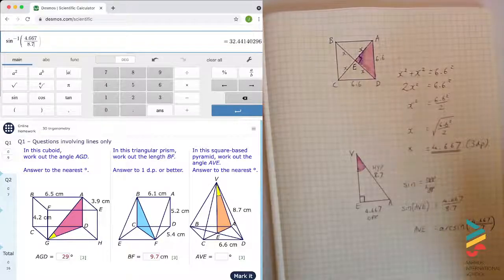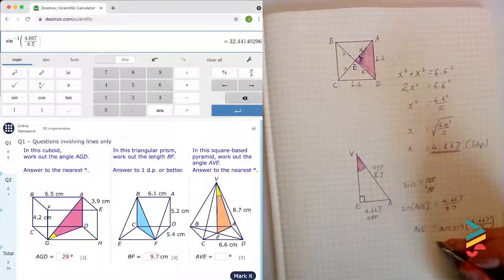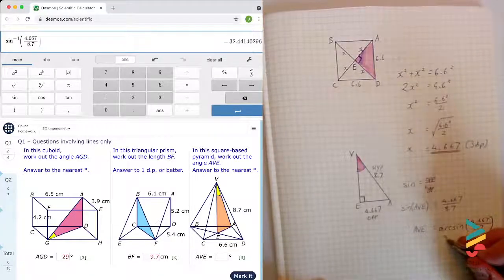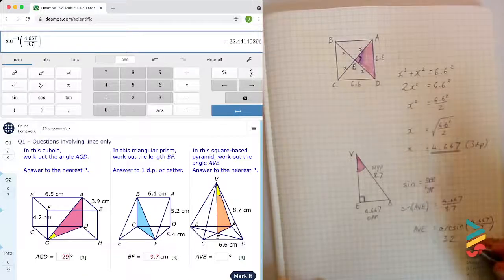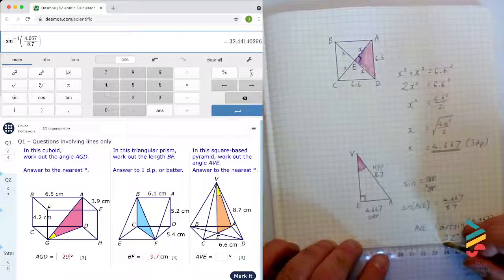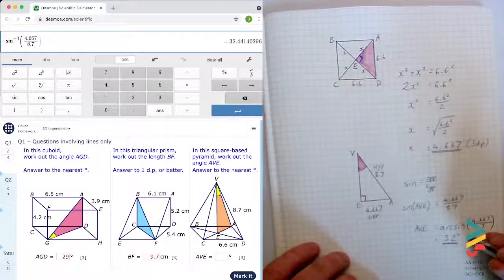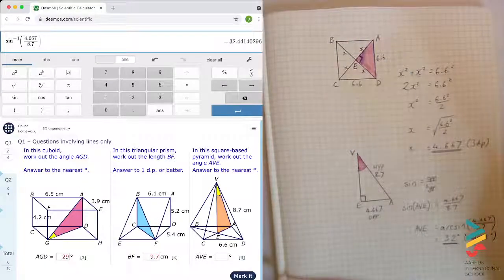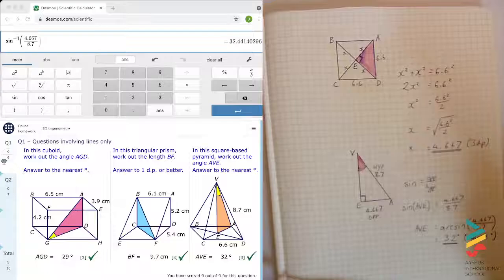Then it gives us 32.441 something, which to the nearest degree is 32, because we were asked in the question for this to the nearest degree. 32 to the nearest degree. Let's just put that in the answer box, 32, and get it to mark it. And there we are, 9 out of 9 for that one.